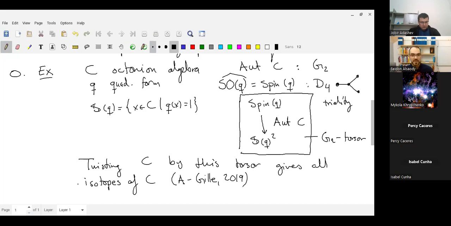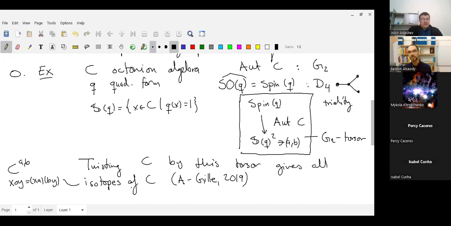And what are these isotopes? Well, these are the algebras C_{a,b}, where the multiplication x·y is x a b y, where a and b are elements of this unit sphere. So if you twist by the fiber of (a,b), you get another octonion algebra, and that is precisely the isotope.